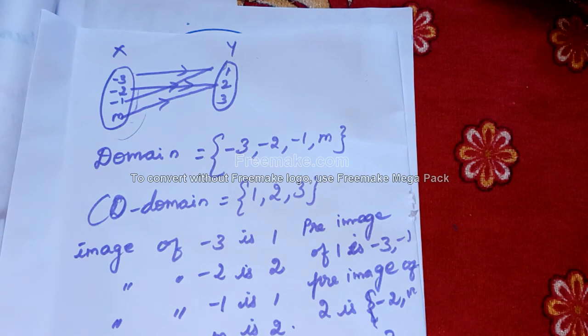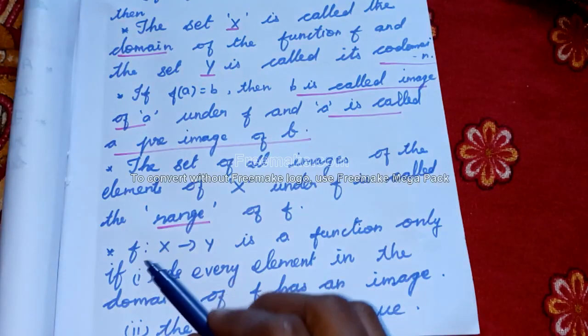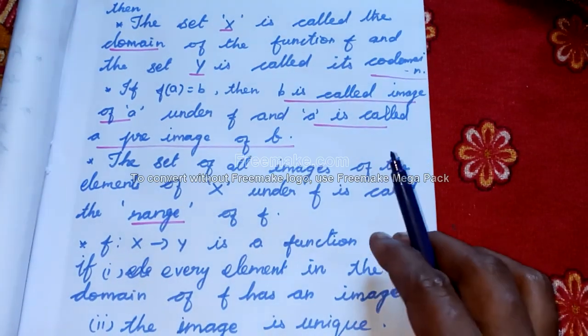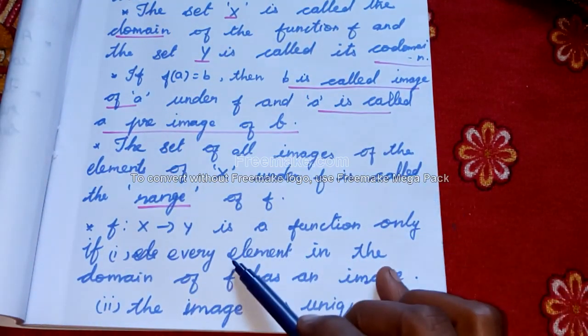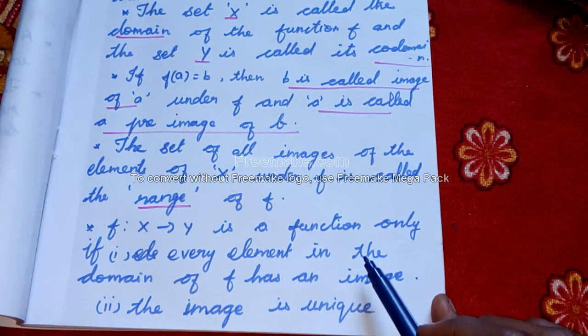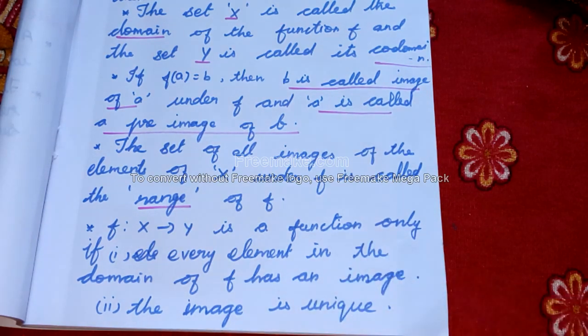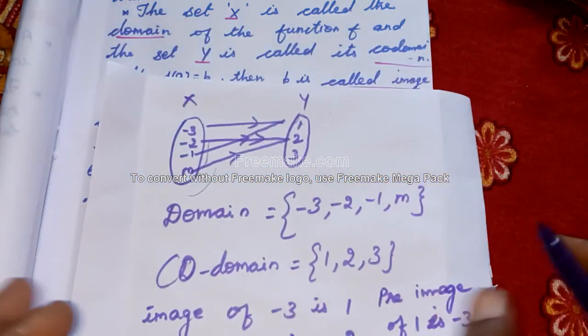Next, f from X to Y is a function only if every element in the domain of f has an image. Before, in the example itself, I have explained that every element in X has an image. That's why it is a function.